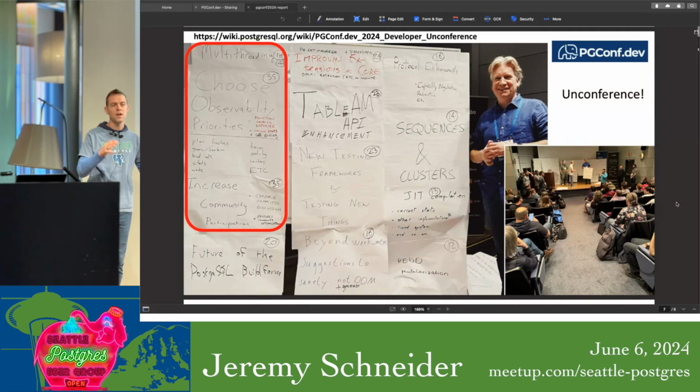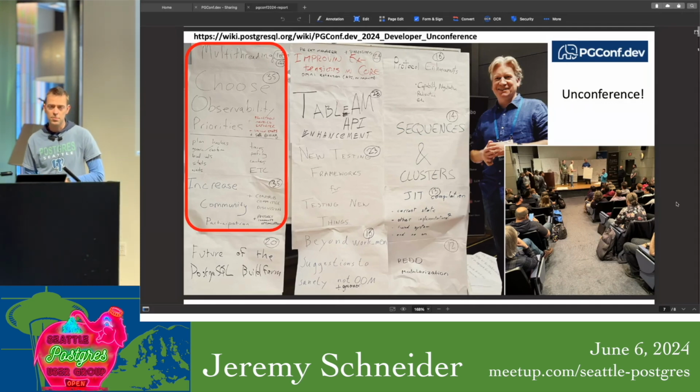They came out of that session with a list of concrete tasks to work toward Postgres having threading support as opposed to the process model, and people's names next to them who said, I will work on this area within the next 9 months or so. So this is work that will be done in the Postgres 18 timeframe, which is really exciting. And it's also really cool that they kept that unconference session focused on some concrete steps that can be taken.